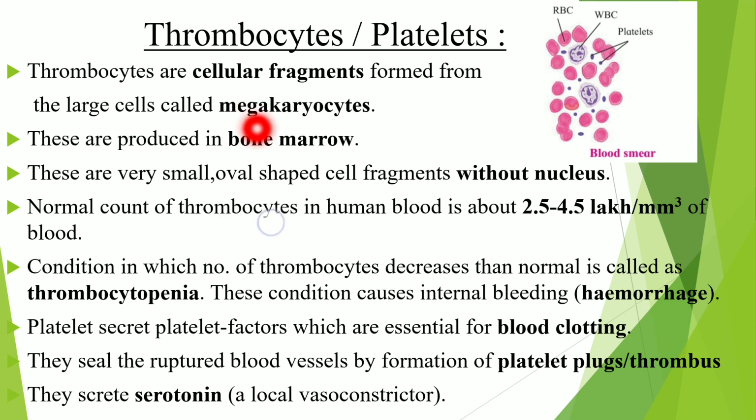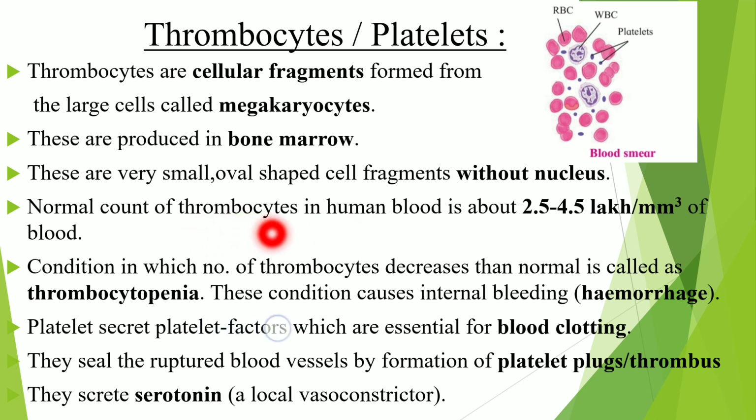These megakaryocytes are present in the bone marrow. They are very small, oval shaped fragments without nucleus. So they do not show the nucleus. Like the RBC, they also do not have the nucleus.